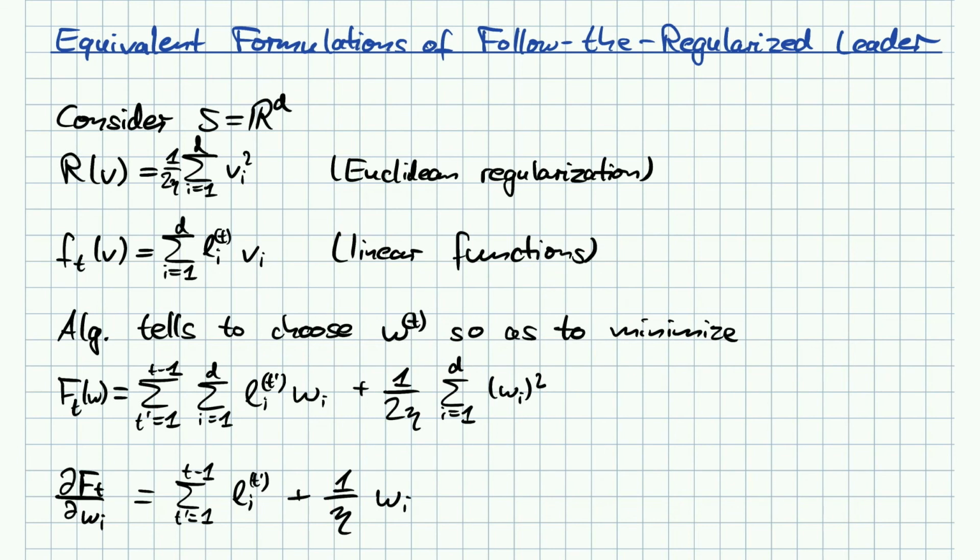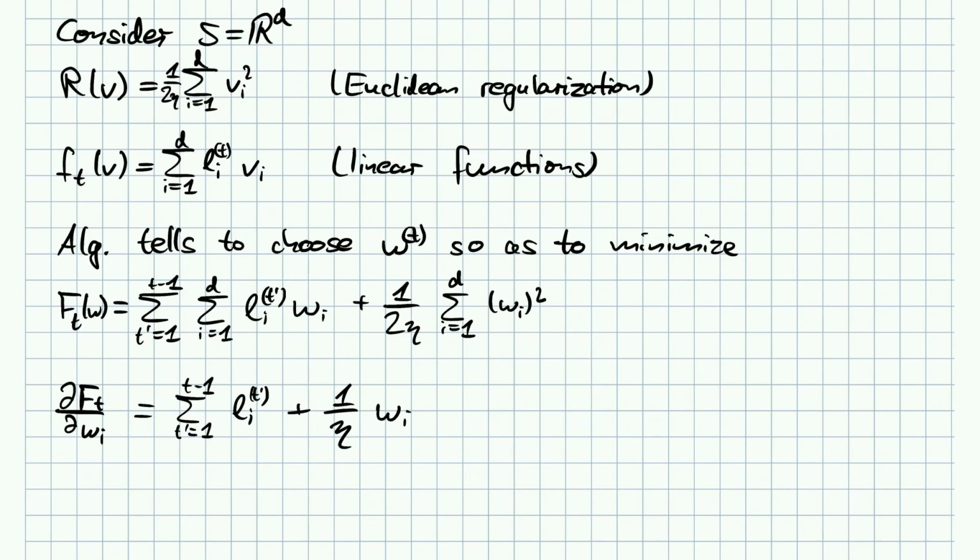And now w_t is chosen so that this function is minimized, which means that this will be 0.